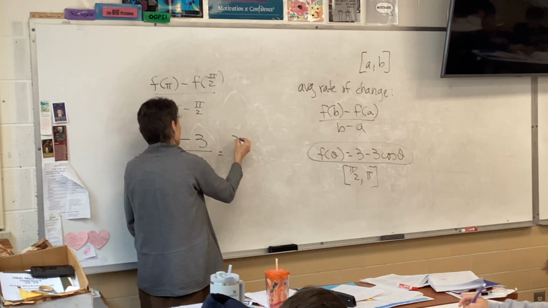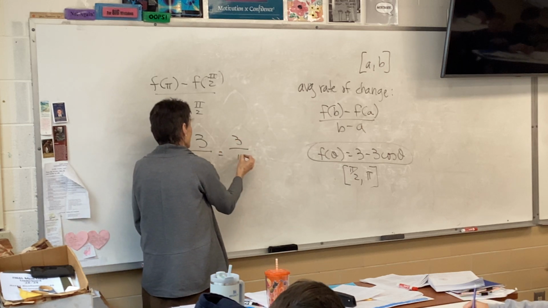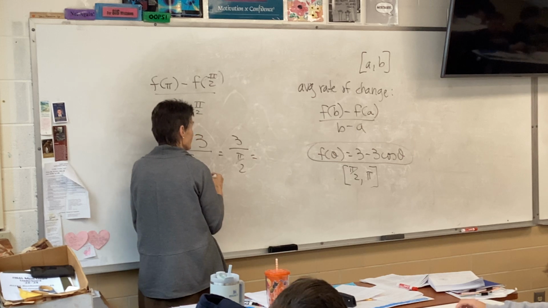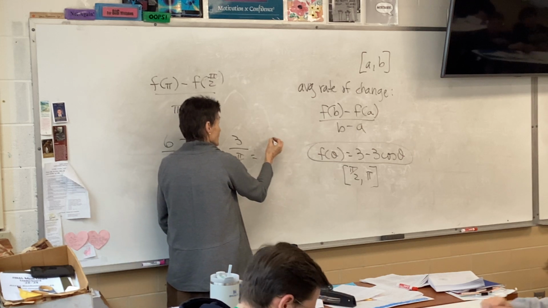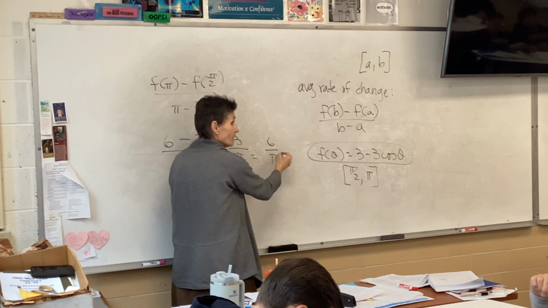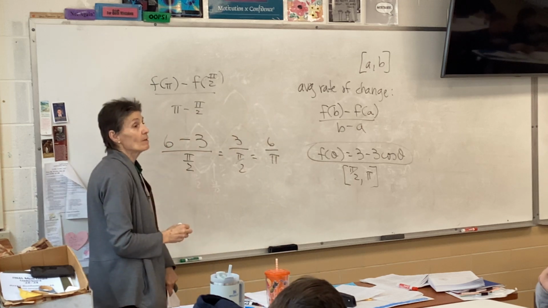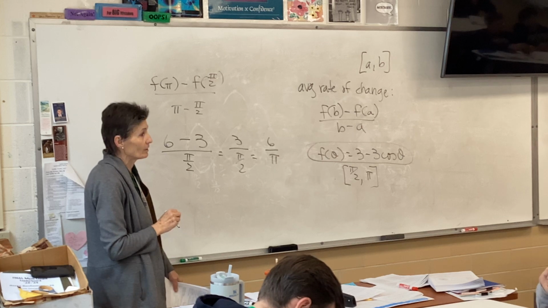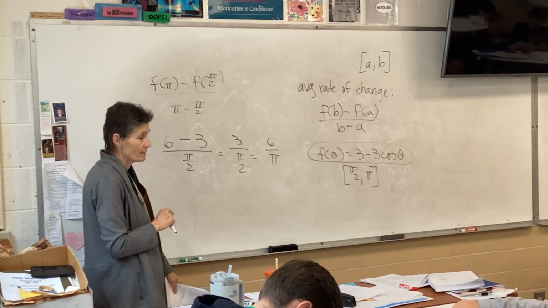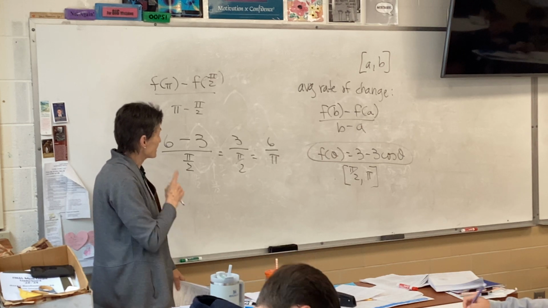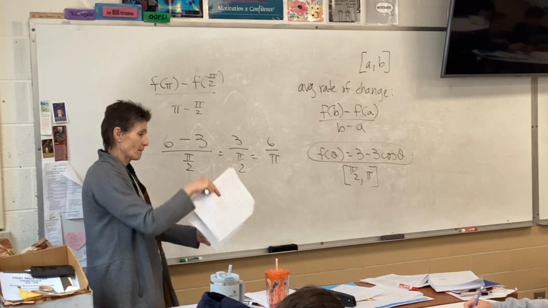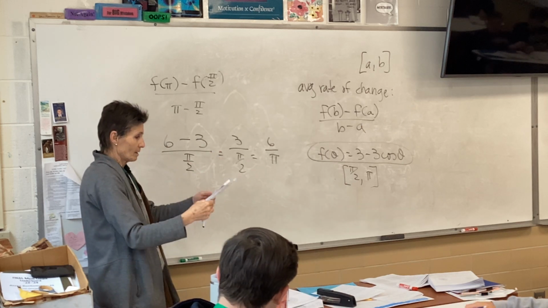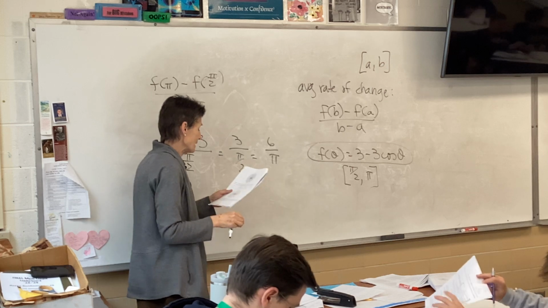So we have 3 divided by pi over 2, which is 6 over pi. Yep. Now, you're going to get things that look like that. You're not going to get like 2/3 usually. That's it. Isn't that easy? Easy peasy. All right. Example 6.